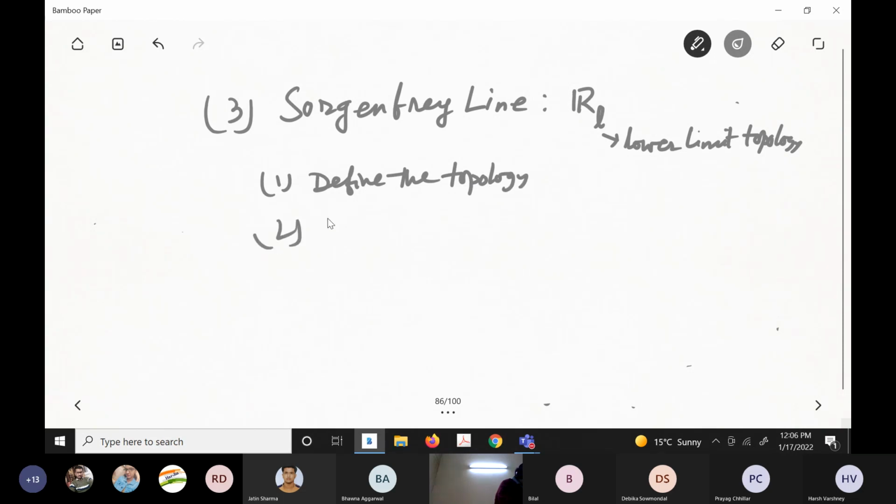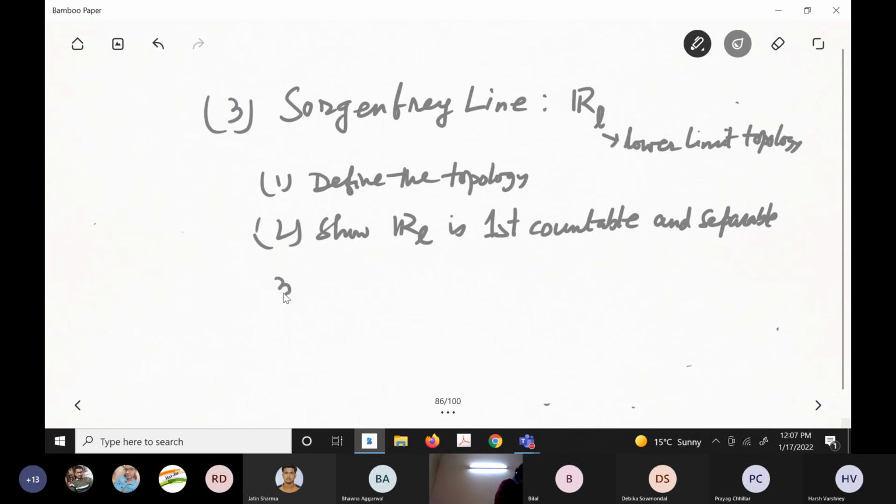Two, of course, you will show R_L is first countable and separable. Three, R_L, this is important, is not second countable. Okay, make sure you do it.